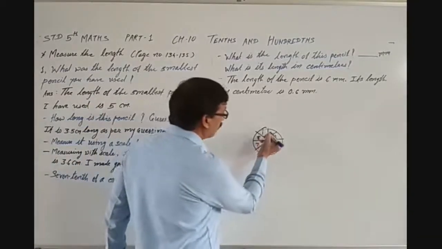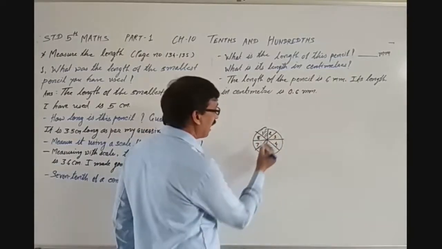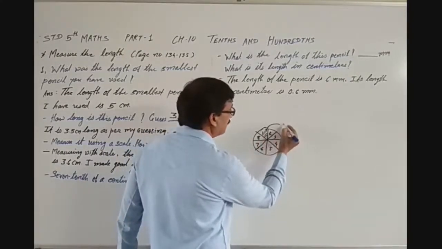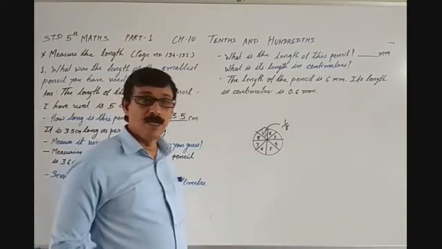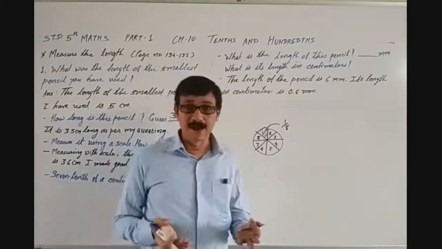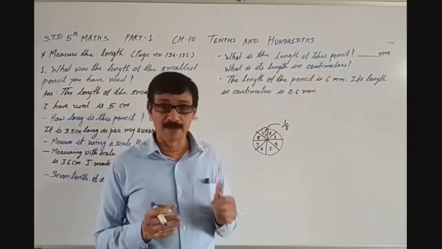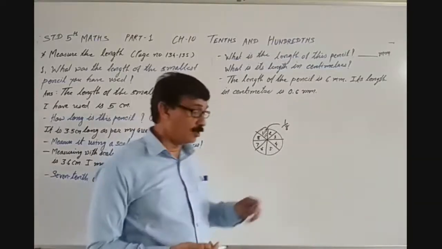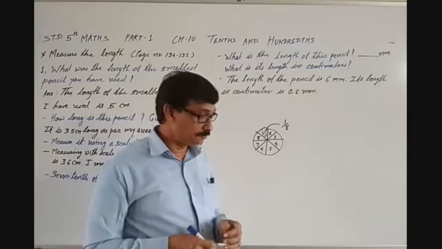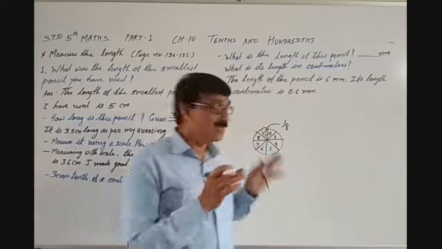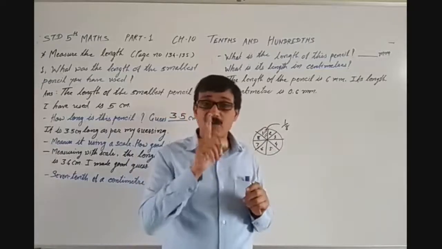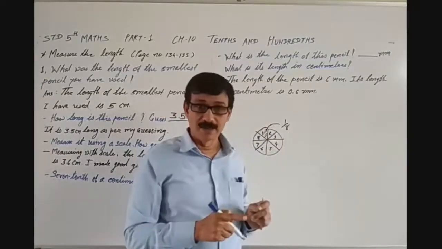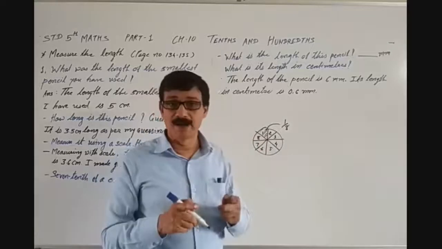But if I want to write this part only, first part, then how I can write it? It is 1/8, or I can say 8th part. Okay, so remember this one. Now if a circle has 10 parts, then out of 10 one part is 10th part.